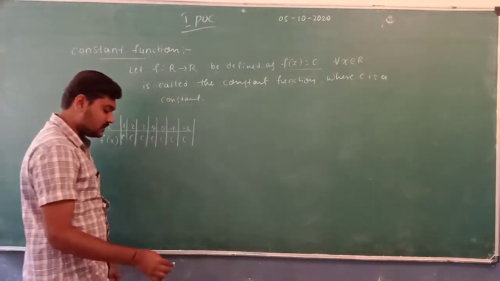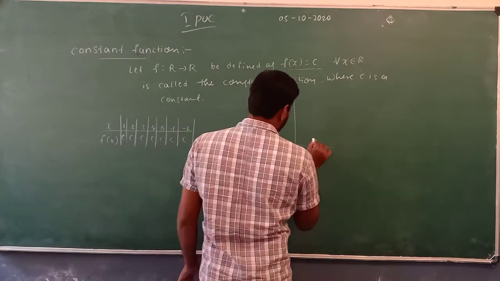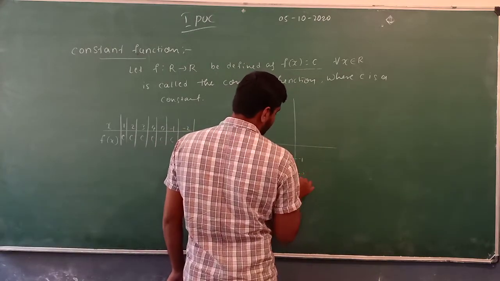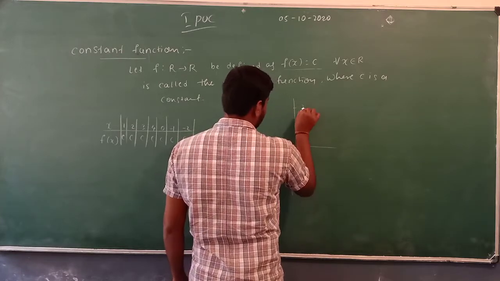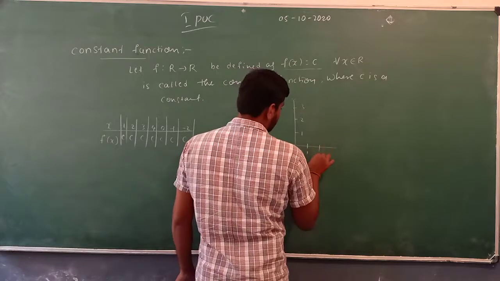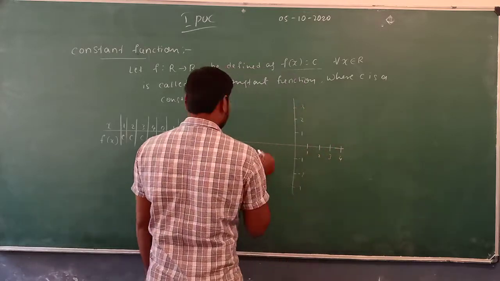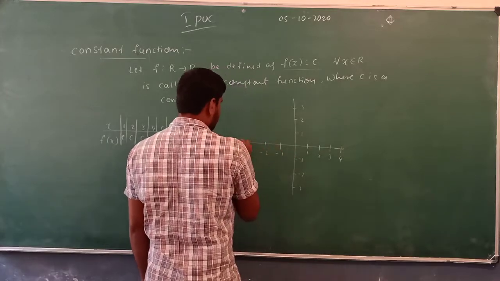The graph comes out simple. Minus 1, minus 2, minus 3, and plus 1, 2, 3, 4, and minus 1, minus 2, minus 3, minus 4.